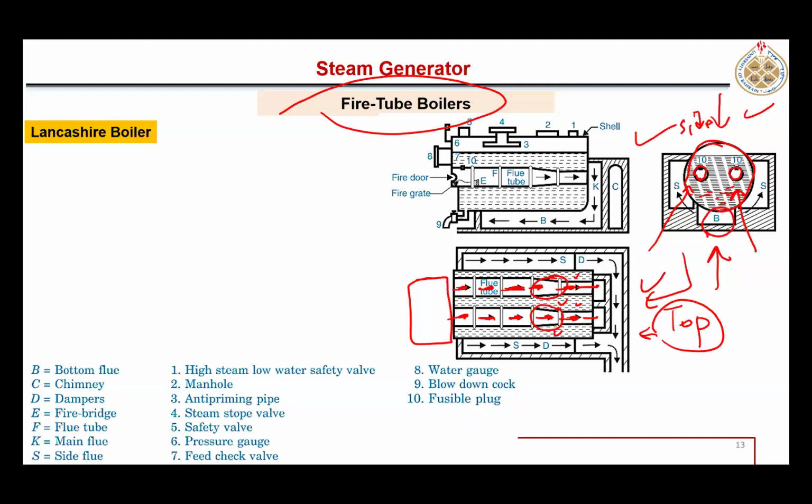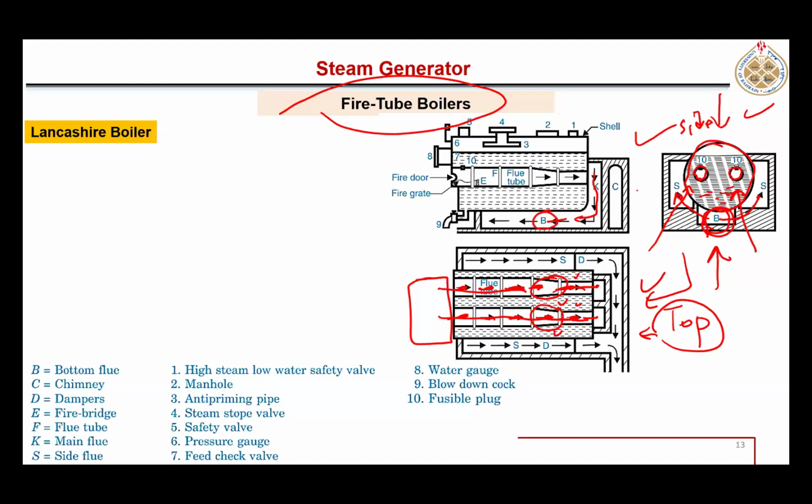So flue gases are traveling first through these long tubes. At the end, they go to the bottom, and they come out from the bottom. After they come out from the bottom, they travel to the two sides of that vessel. When they travel from the two sides, look here, here is the side, we can see that side.